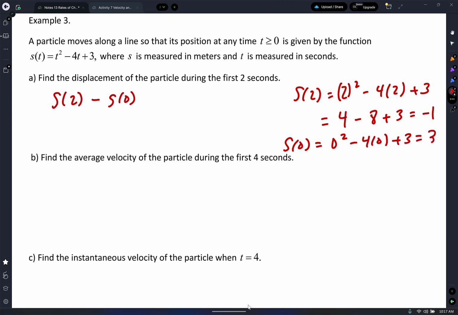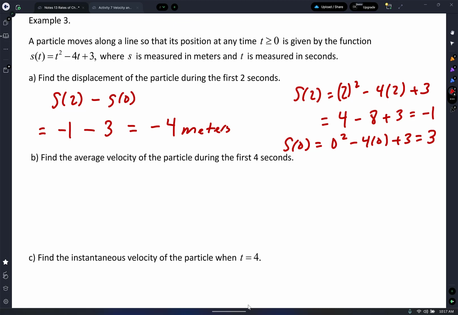S of 0 is just 3. Come back. S of 2 was negative 1, minus S of 0 was 3. And negative 1 minus 3 is negative 4. And I put units. This is meters. So my displacement of the particle is negative 4 meters.